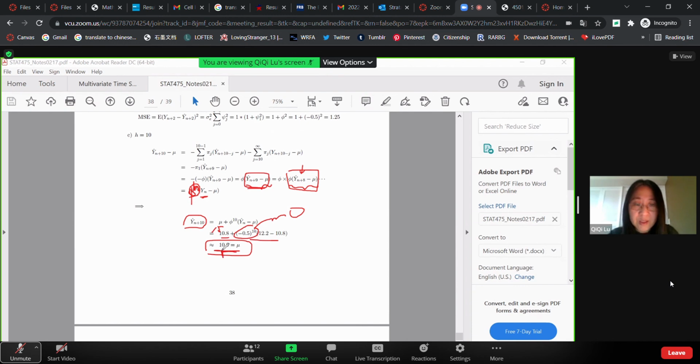So this is the process mean. If you do say 20 step ahead, this is also just about the mean. So as you go to infinity, your forecast value is just the process mean. Questions?